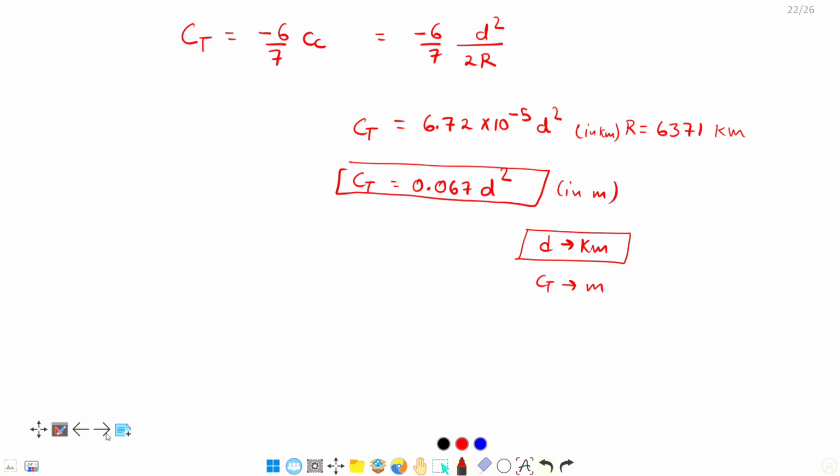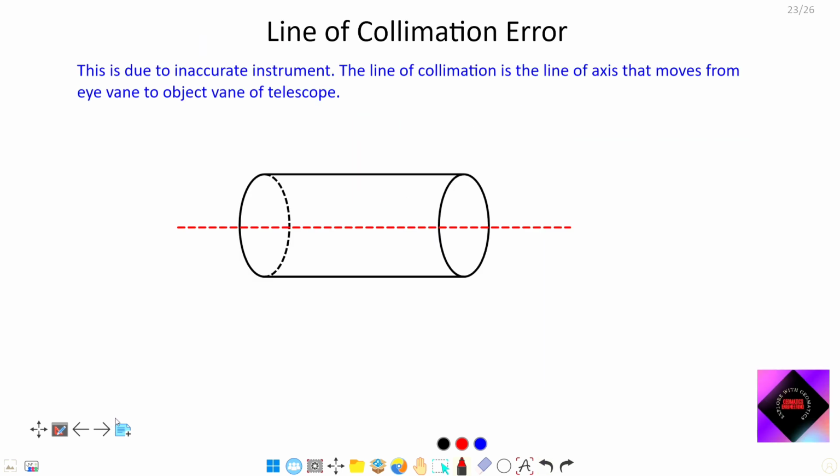Now let's move to the next part, that is line of collimation error. Line of collimation error is what? It is due to instrument fault. This is our line of collimation, that is the line of sight inside the telescope. Inside the telescope, line of sight is termed as line of collimation.